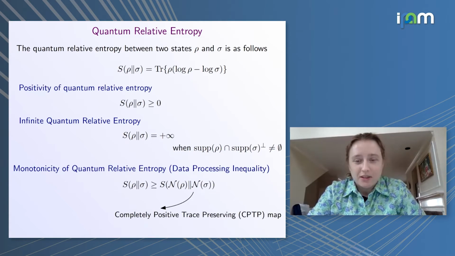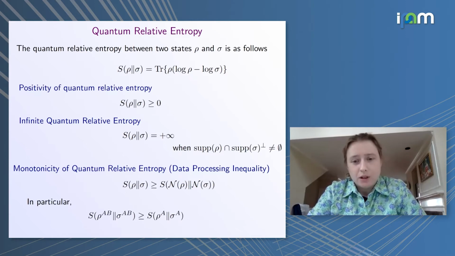We've seen this inequality yesterday for one of the generalizations of quantum relative entropy, and we're going to see it today later in the talk of Mark Wilde. So here N I denoted as a completely positive trace preserving map, which is a quantum channel, and in particular it holds for partial traces.